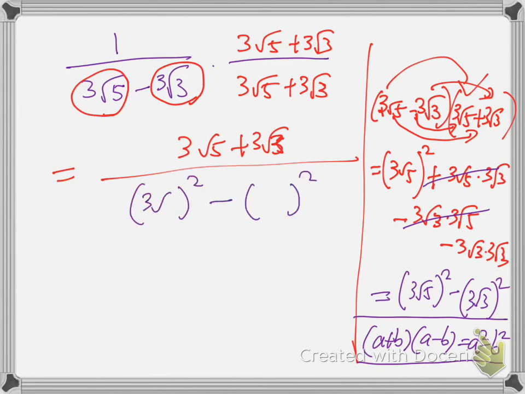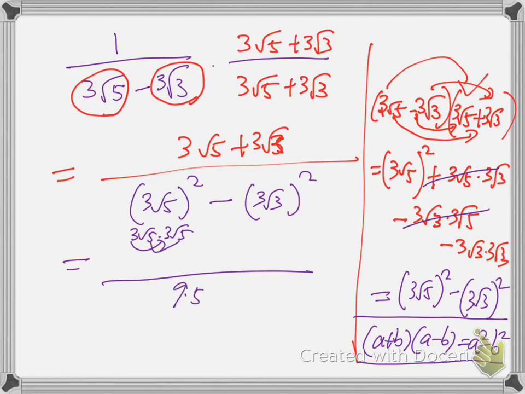So it's 3 radical 5 squared minus 3 radical 3 squared. What is 3 radical 5 squared? 3 radical 5 times 3 radical 5. So we get 9 times 5, radical 5 times radical 5, minus 3 radical 3 times 3 radical 3, which is another 9 and then another 3.